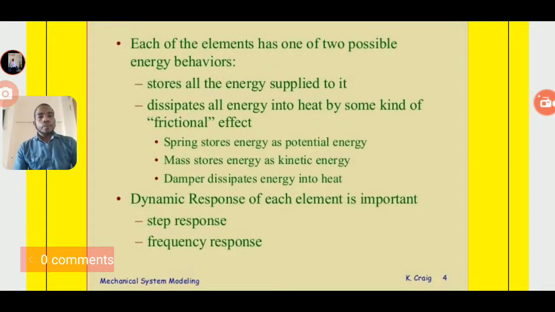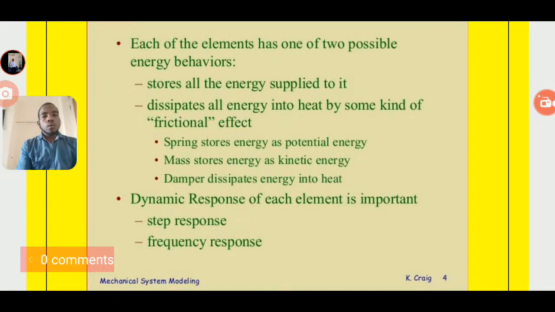So the spring stores energy as potential energy, and the mass stores energy as kinetic energy. The kinetic energy is equal to half m v squared, which is due to motion.